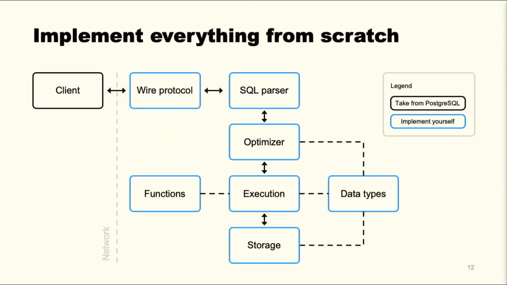So in this case, you can see we are taking original Postgres clients, client libraries, etc., because we want to be compatible with them. But the rest of the system is implemented from scratch.